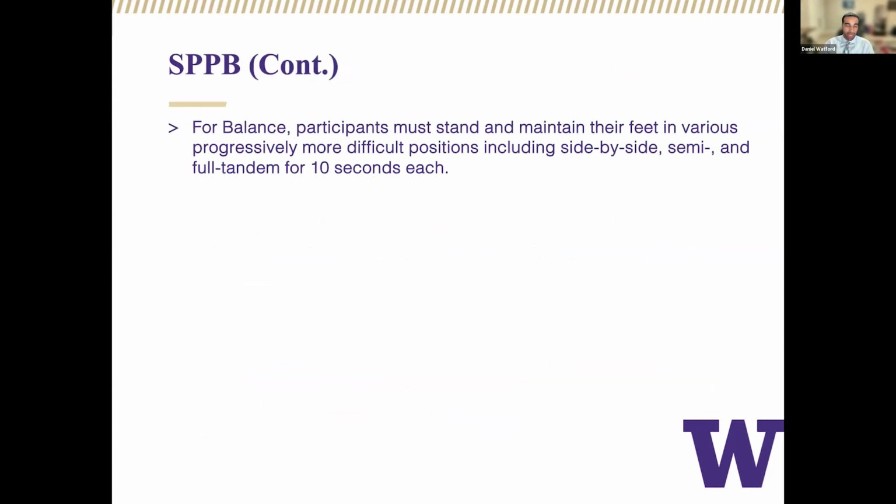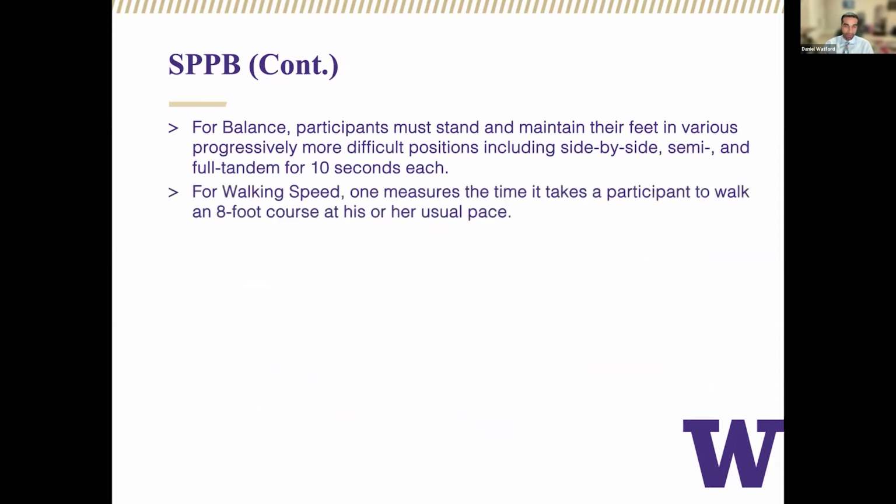This describes in more detail how this is performed, and for the purpose of time, I'll try to move through it quickly. For balance, participants must stand and maintain their feet in various progressively more difficult positions, including side-by-side, semi, and full tandem, for 10 seconds in each position. For walking speed, one measures the time it takes for a participant to walk just an 8-foot course at whatever pace is comfortable for them.